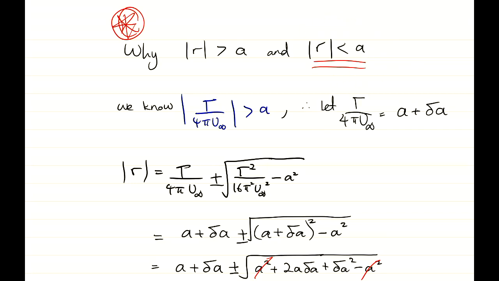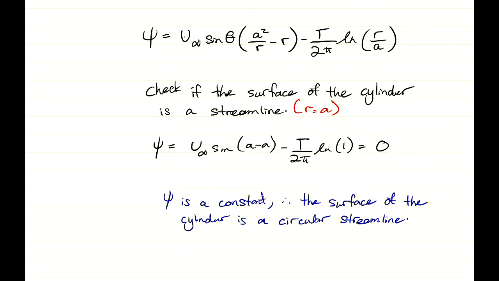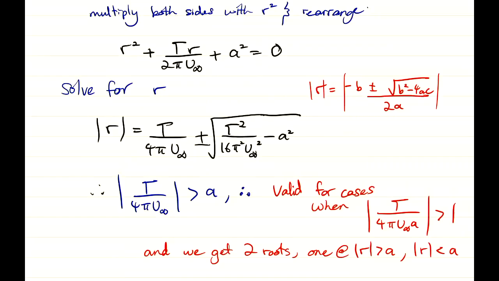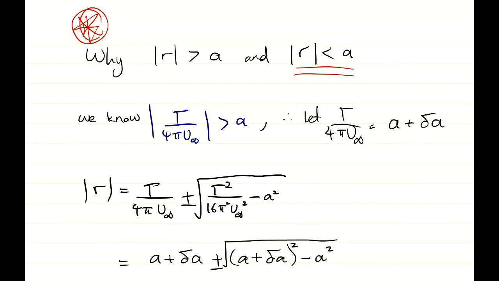So, starting from, we know that the magnitude of gamma divided by 4 pi u infinity is greater than a, that's just from previously. So I'm just going to let gamma over 4 pi u infinity be equal to a plus delta a, and a plus delta a is greater than a.